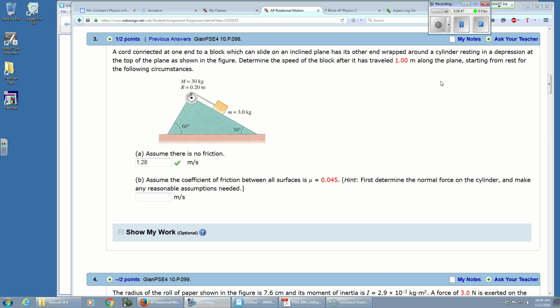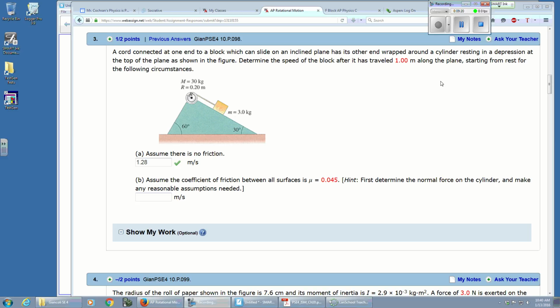We could also, though, figure out the acceleration of the whole system and use that and the fact that it moves a meter to do it, which I think probably will be our better approach. So what we're going to need to do is figure out the net force on the box, and with that, the net torque on the cylinder itself.